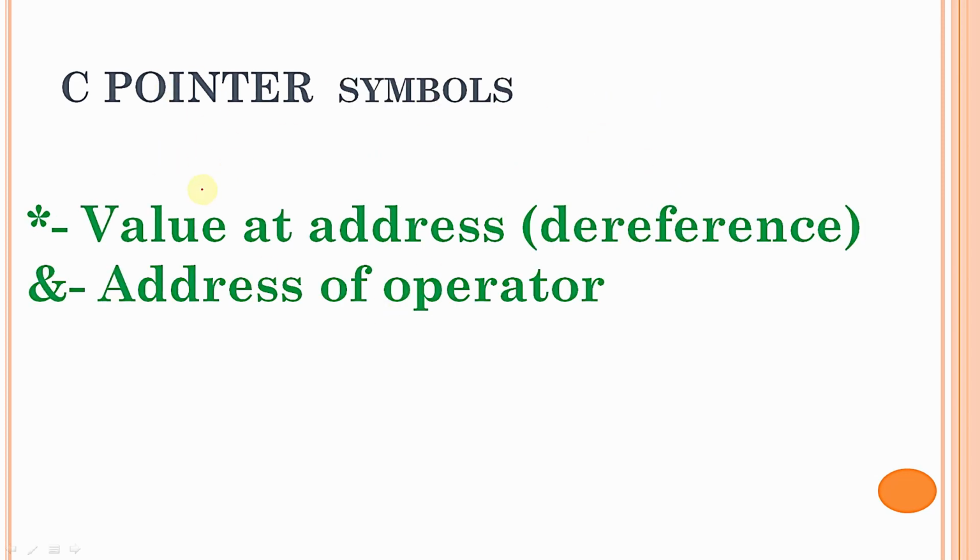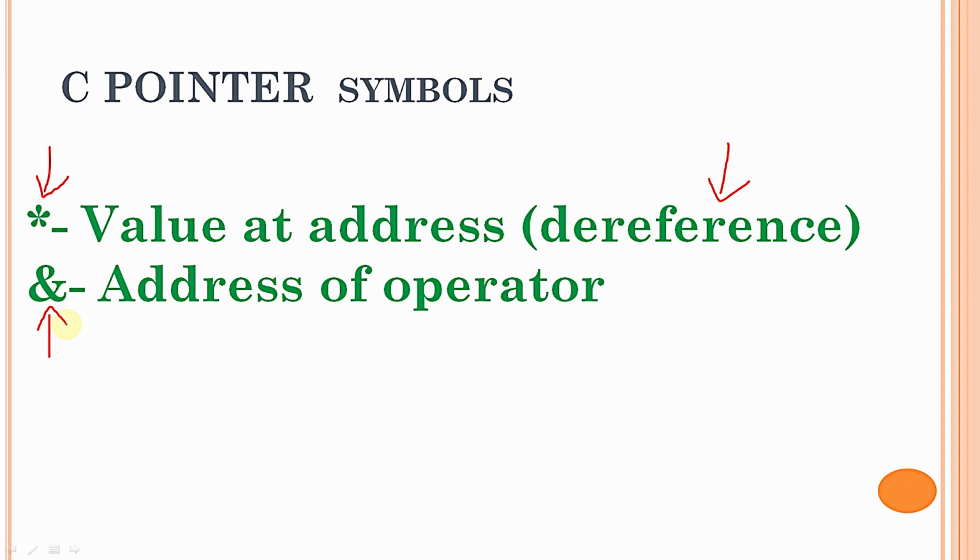And these are the two important symbols of a pointer. One is the asterisk, which we call the value at the address or dereference operator. Dereference means fetching the value from an address. That is called dereferencing or indirect addressing. And this ampersand symbol is called the address of operator.